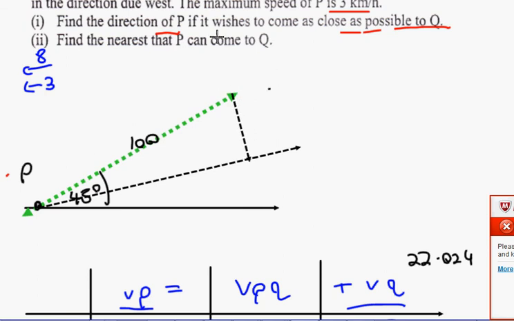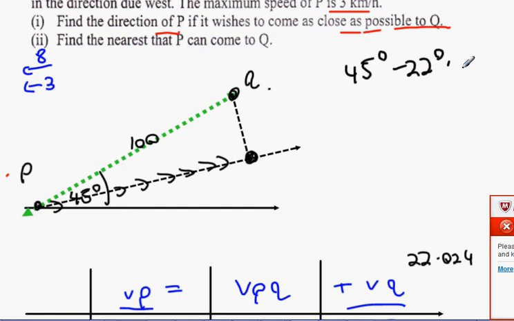There's Q, there's P, and this here is the motion of P relative to Q. It hits the shortest distance. Now what is this angle in here? It's 45 degrees minus 22.02 degrees.